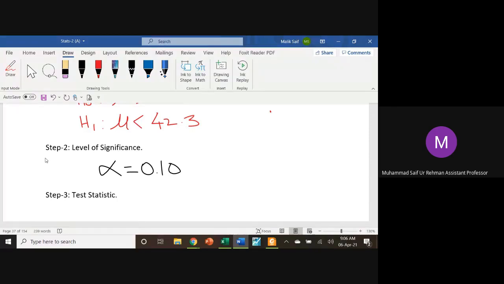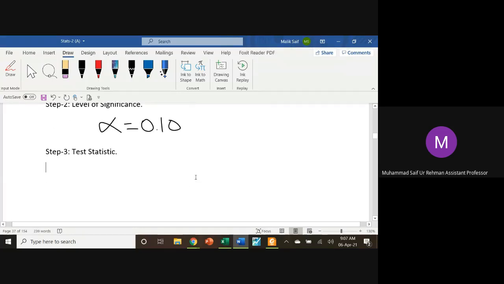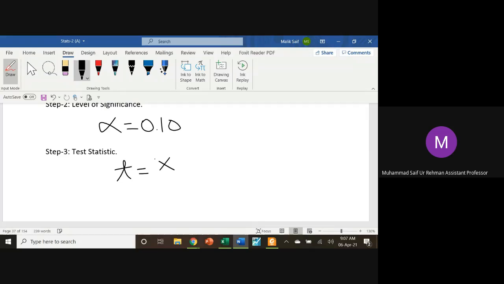The test statistic is again the same: t is equal to x bar minus mu divided by s over square root of n, because the sample standard deviation is given and the population standard deviation is unknown. Simply write down this test statistic over here, and then you will move to step 4.